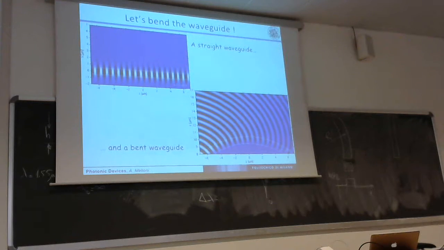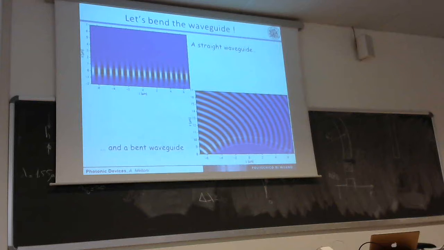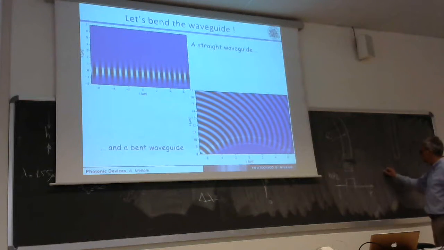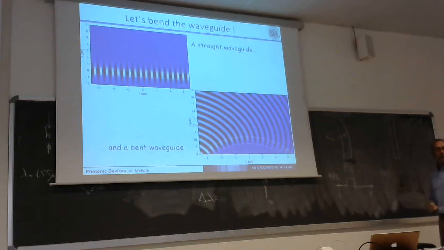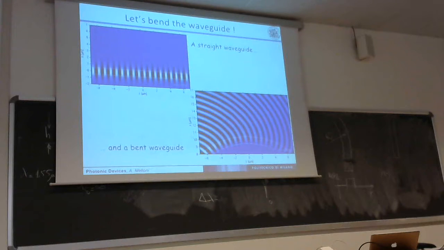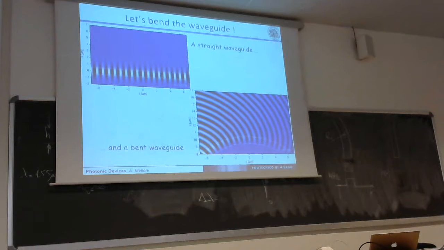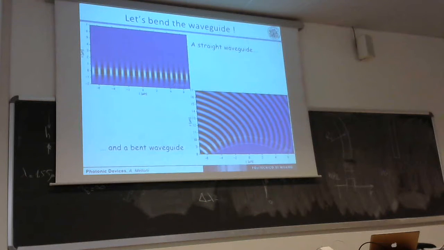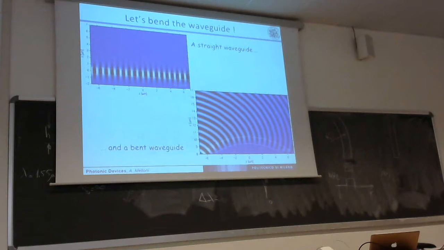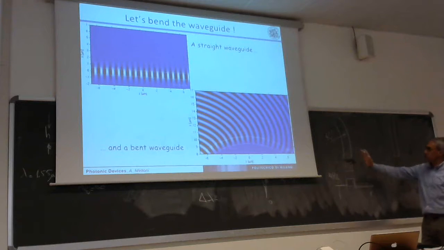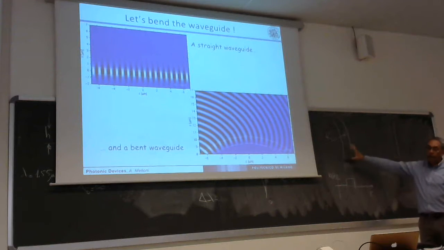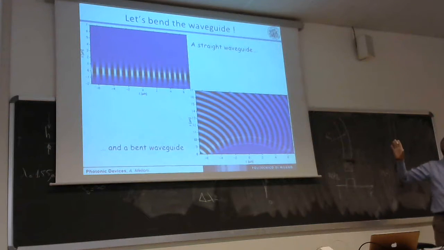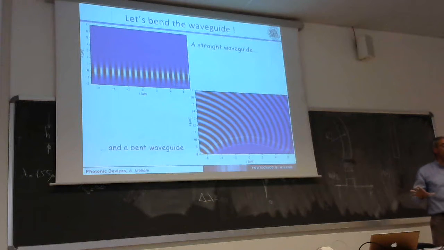And the answer is yes. The answer is yes if the refractive index along the plane of the bend, where the waveguide is bent, is transformed. I don't do the demonstration of this transformation, which is called the conformal transformation.